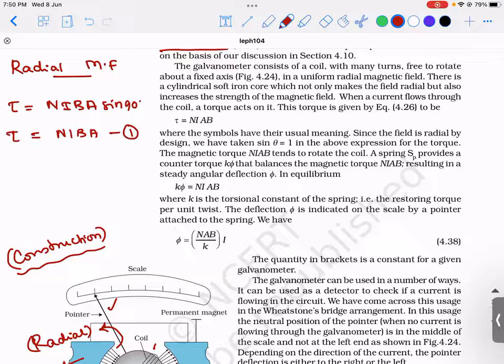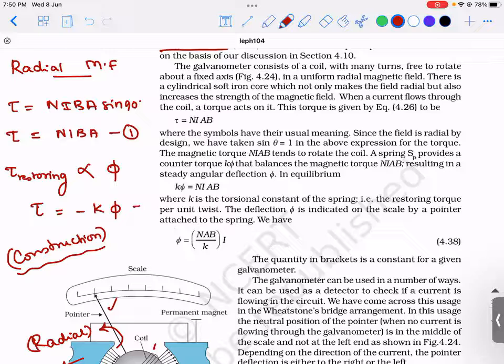Now, what is going to be the restoring torque? Restoring torque is observed to be directly proportional to the amount of deflection created in the material. So torque will be equal to minus K into phi, where K is called the torsional constant, or some books refer to it as the spring constant itself.